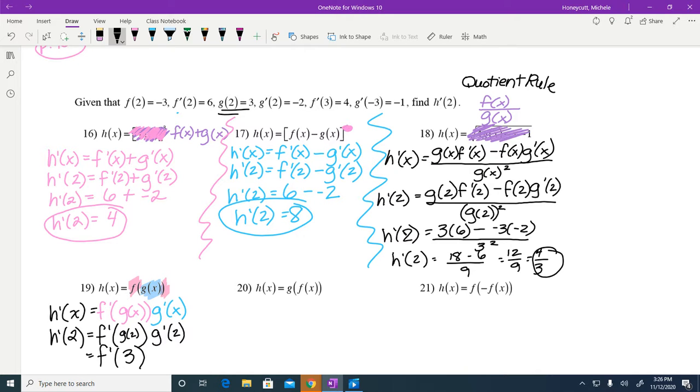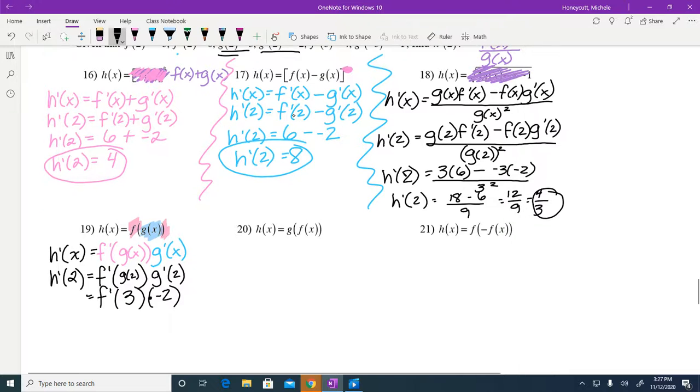So f prime of 3 times g prime of 2. G prime of 2 is negative 2, so times negative 2. F prime of 3 is 4. So this would be 4 times negative 2. So h prime of 2 is negative 8.